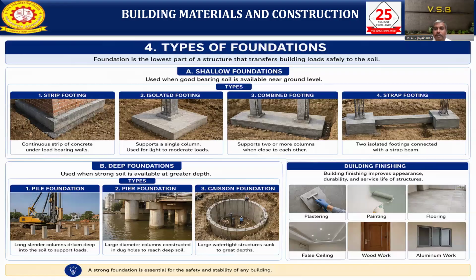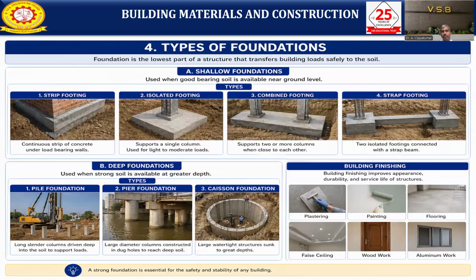Used when strong soil is available at greater depth, we can go for the deep foundation. Normally, we use this foundation only in waterlogged areas. The first one is the pile foundation, a long slender column driven deep into the soil to support the structure. Then the pier foundation is a large diameter column constructed under the water.